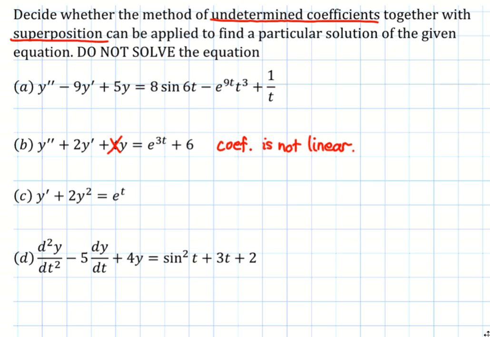Now we look at the type of function on the right hand side. As mentioned before, we have sine or cosine, which is good. This one, e to the something multiplied by a polynomial, is also good. This one is not.